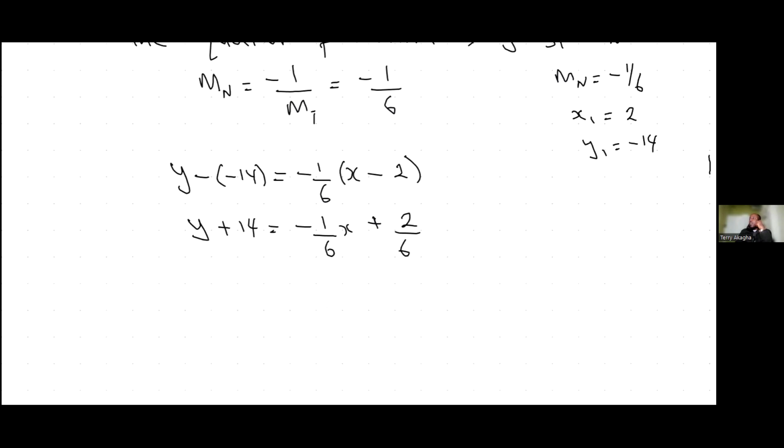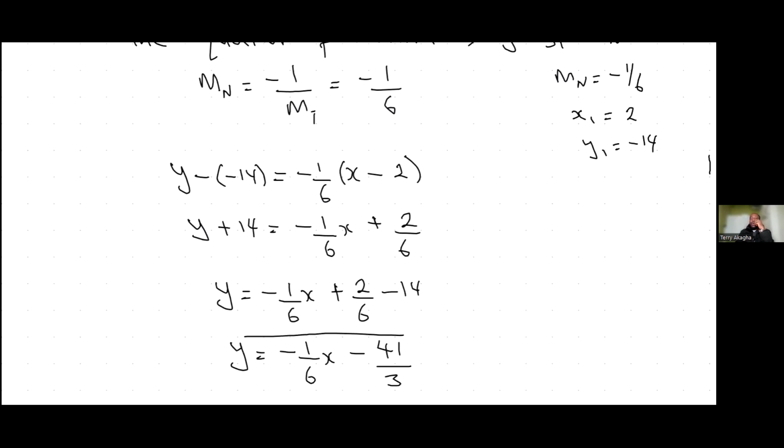So y is going to be equal to minus 1 over 6x plus 2 over 6 minus 14. And when you press your calculator, it's going to give you minus 41 over 3. And this is the equation of the normal.